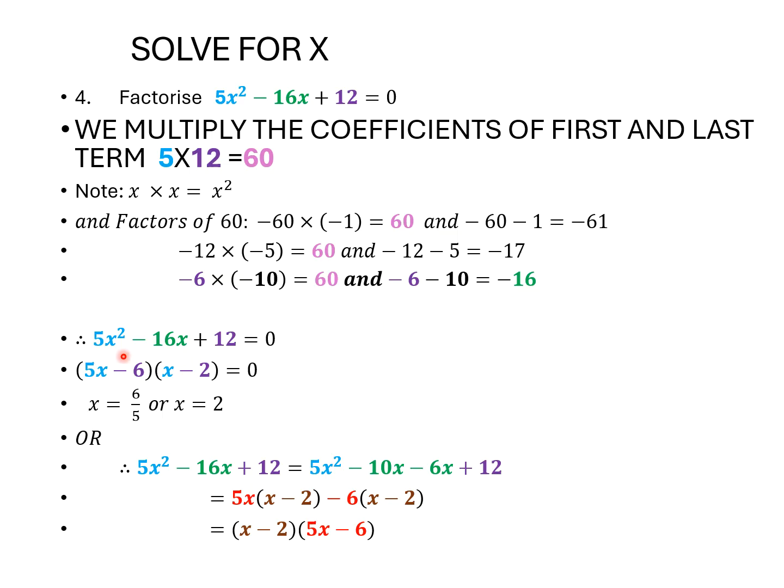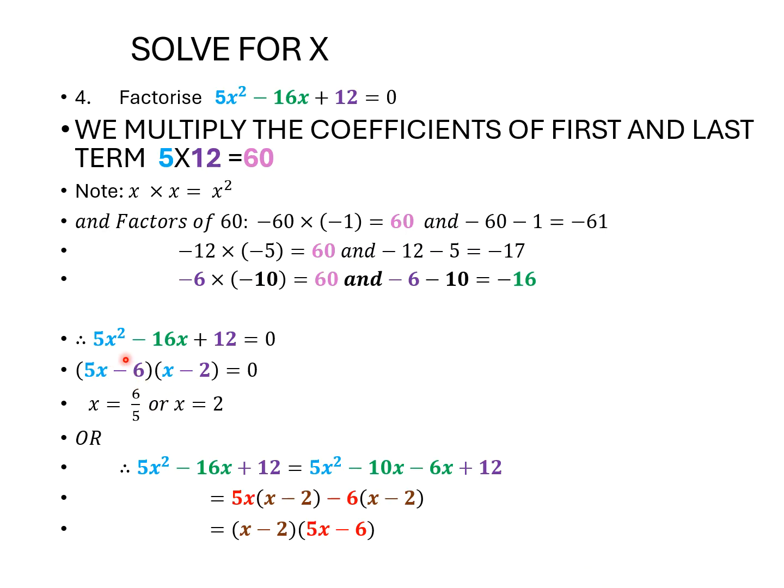Alright. So if we look there, 5x squared, 5 is a prime number, so it can only be 5x times x. I need to get to negative 10 there, so 5 times what would give me negative 10? 5 times negative 2. So you see 5 times negative 2 gives me that negative 10. Right, and negative 6 goes there, so negative 6 times x.